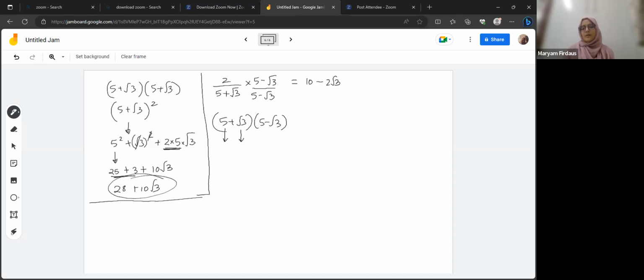Who will tell me? We just now discussed it. A plus B, A minus B. Very good, Munir. So this is A plus B, A minus B. A plus B multiplied by A minus B is equal to what? What does the identity say?